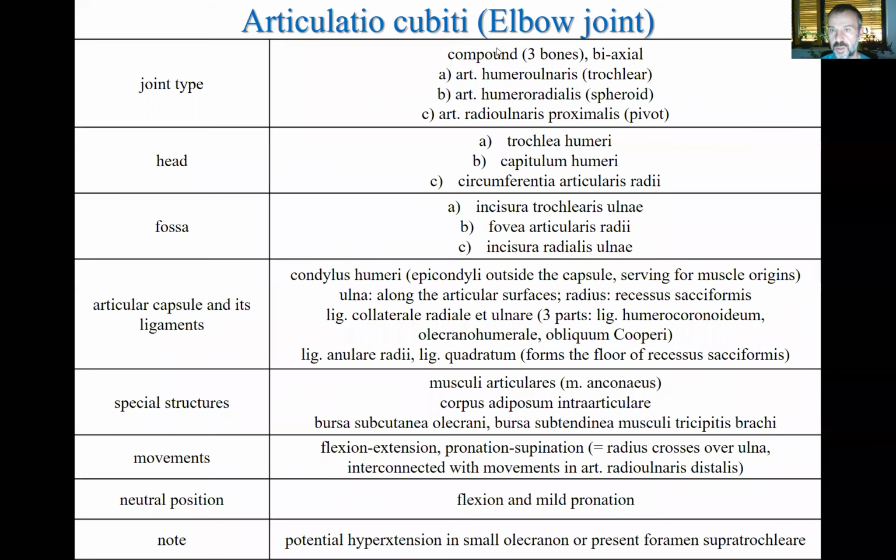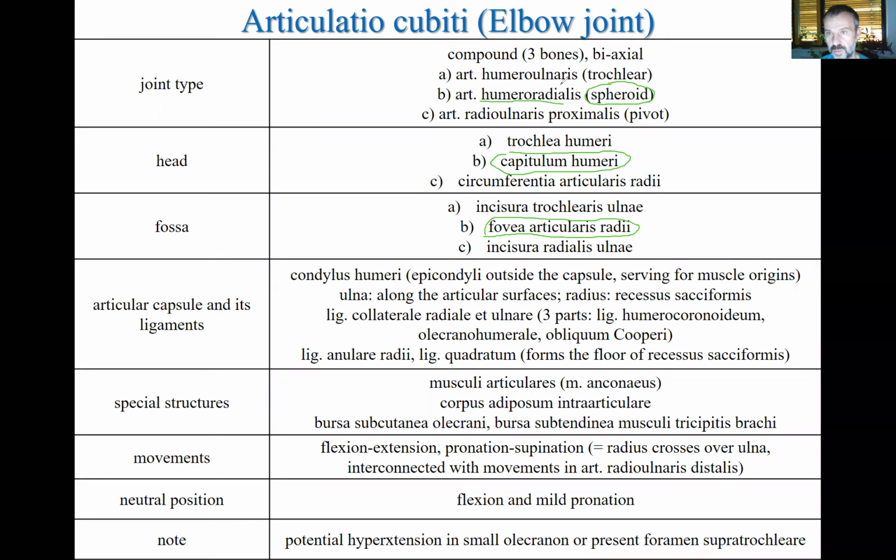The other joint is the humeroradial joint. Humeroradial is a spheroidal joint, because the head is the capitulum, in translation small head, so it means it's a ball. And the fossa is the articular fovea on the radius.